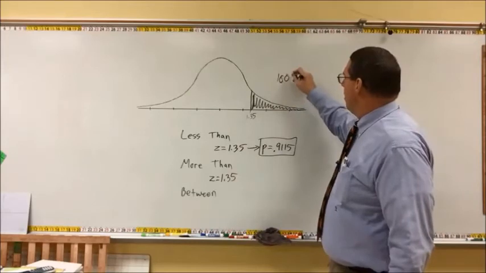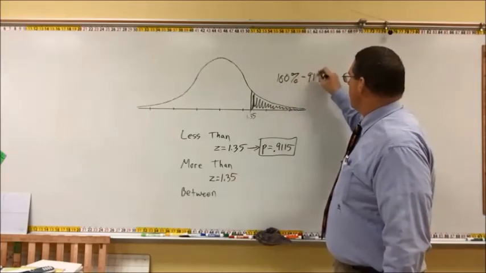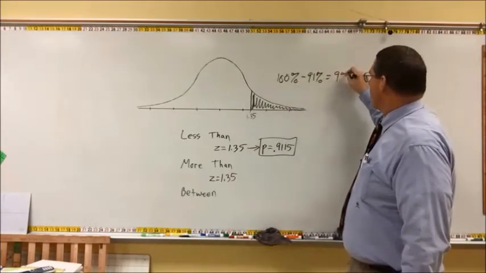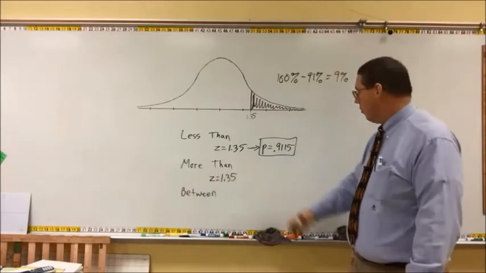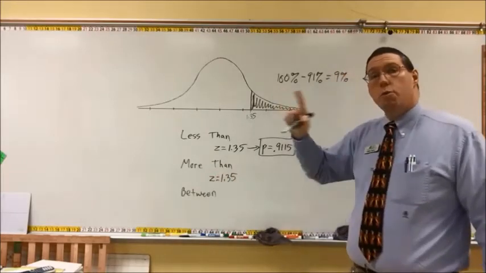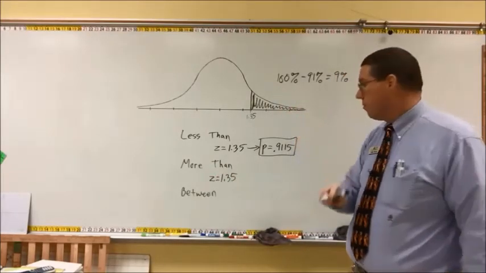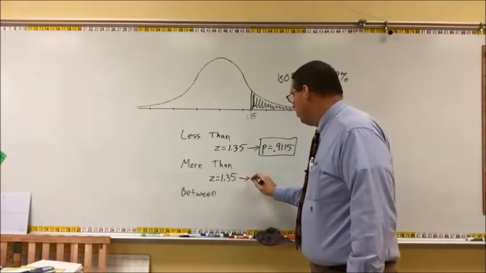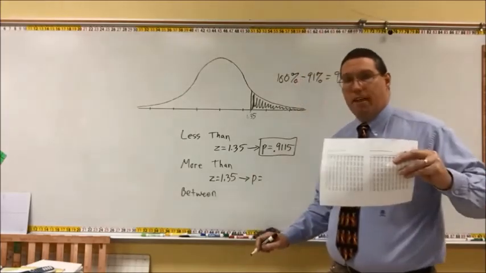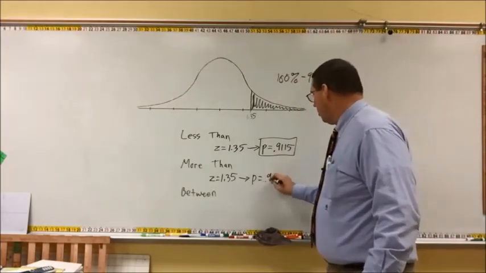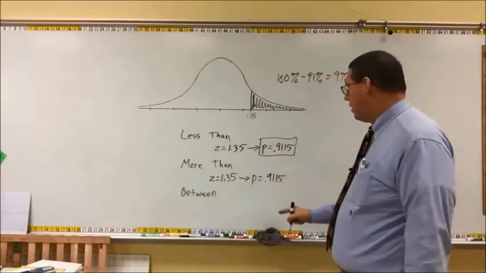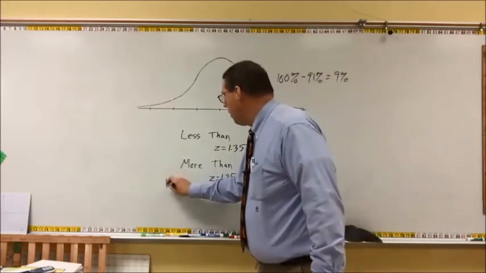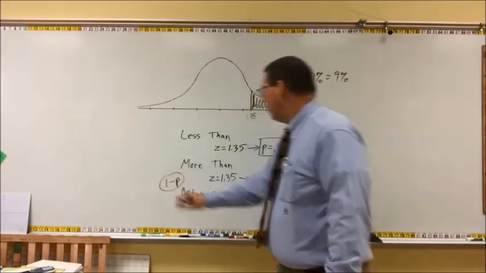100% minus 91% is equal to 9%. But now we're not going to use 100. We're going to use 1 because we're putting our answers in decimals. So to find a more than proportion, the first thing you do is find the p-value from the table, 0.9115, and then you do 1 minus the p-value.